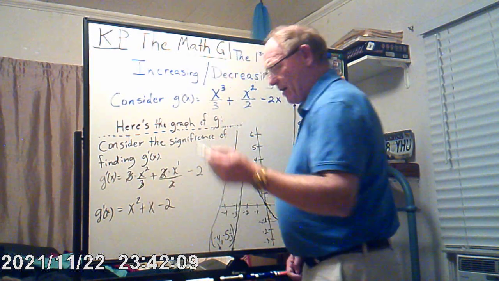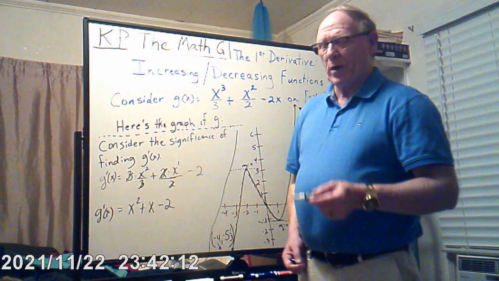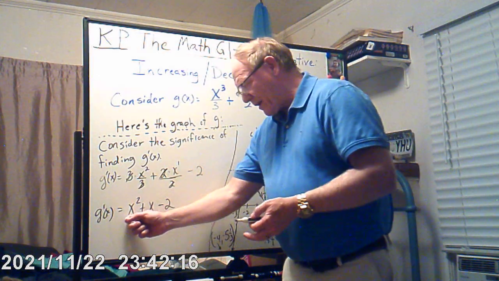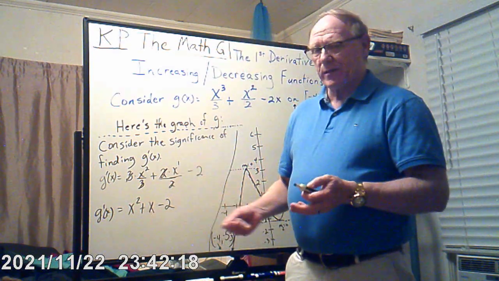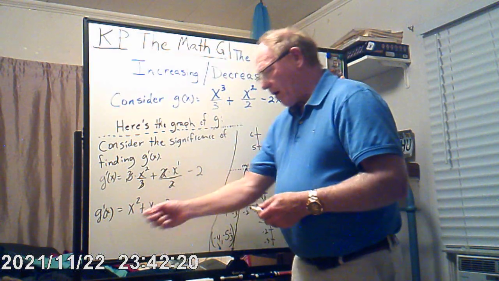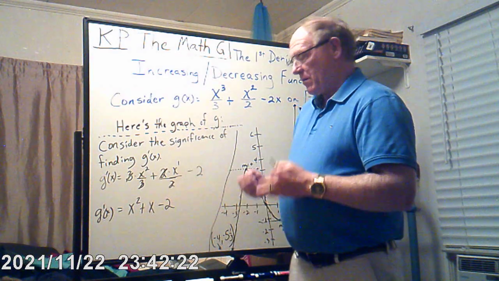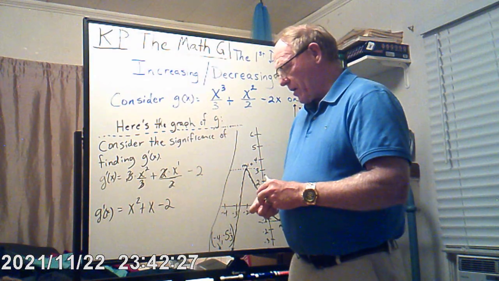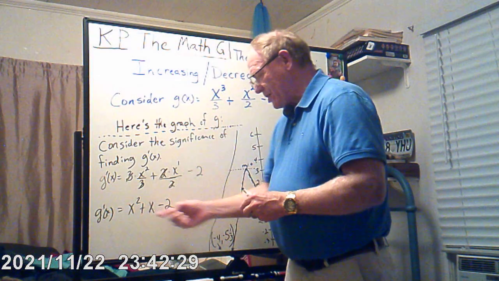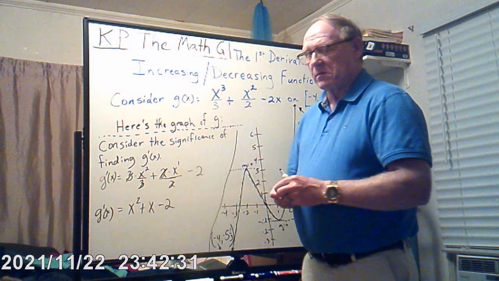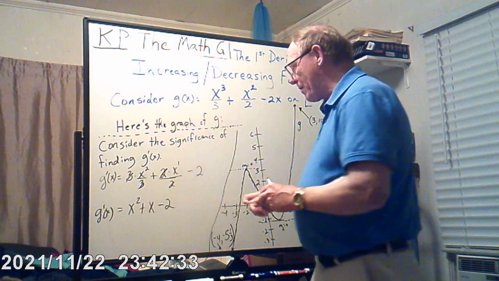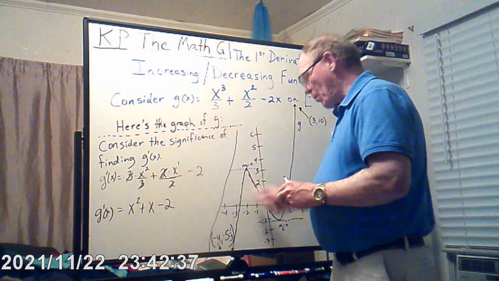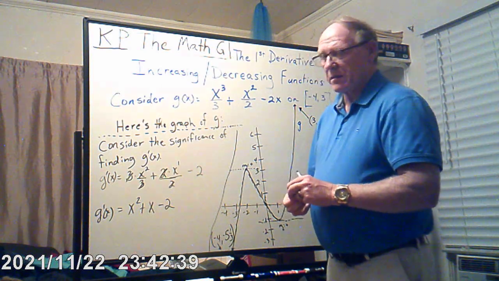And I deliberately fixed this one up this way because if you have a quadratic, and that's what this is, you have a quadratic equation here. One thing that's so nice about this is you can factor this to see where the horizontal tangents are, and that's really where those critical numbers, the turning points, are.